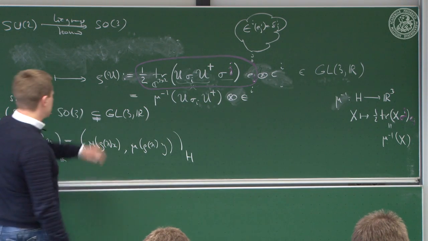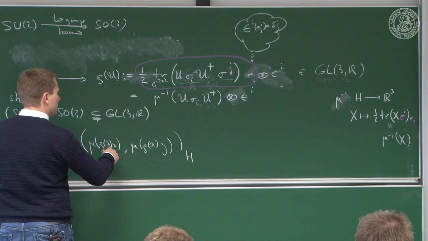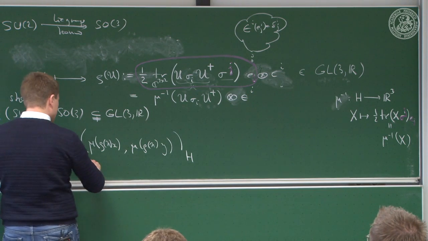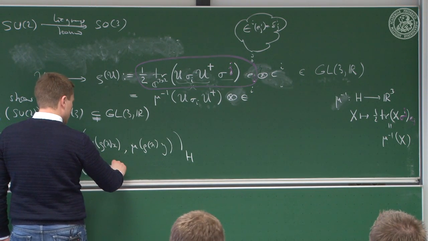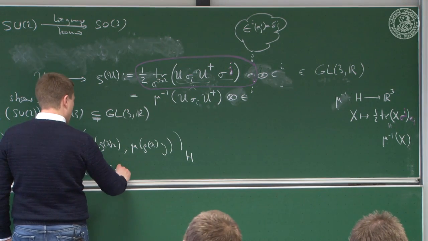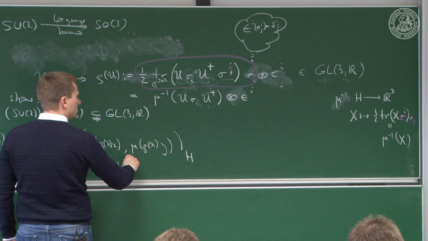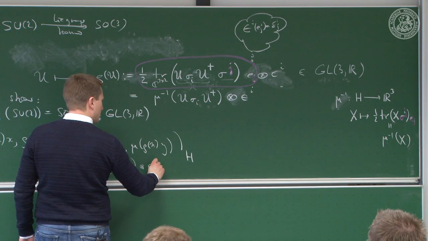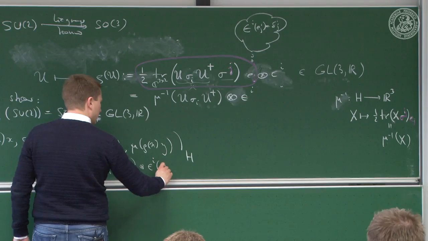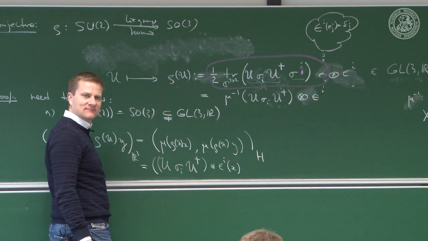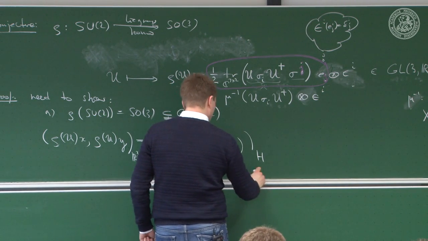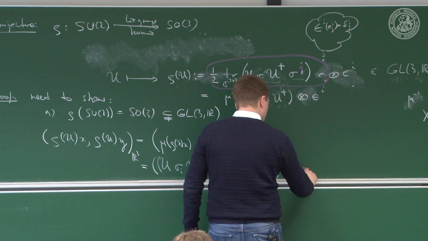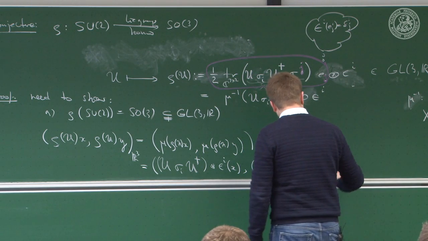Aha, but if rho of u is this guy, and we have here mu of rho of u on x, then we have mu of mu inverse of, but that's simply u sigma I u dagger tensor epsilon I acting on the vector x, right? Because it's a map that acts, u sigma j u epsilon j acting on the vector y on this H space.